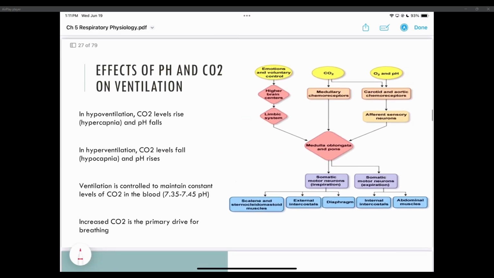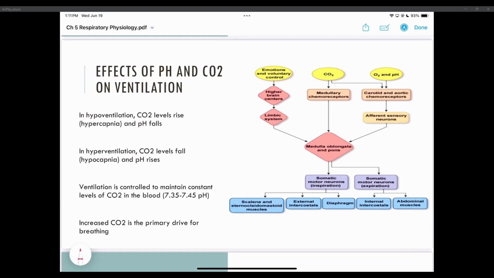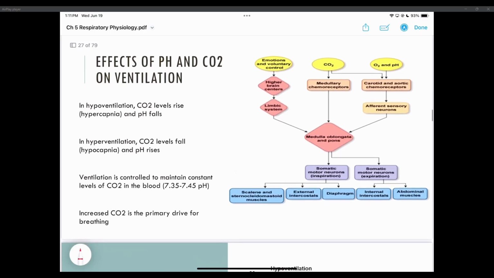So, effects of pH and CO2 on ventilation. In hypoventilation, is that fast breathing or slow breathing? Slow breathing. CO2 levels rise. We're not breathing enough. Because we're not having a lot of gas exchange, CO2 will start building up in our blood because we're not breathing enough to exhale it.